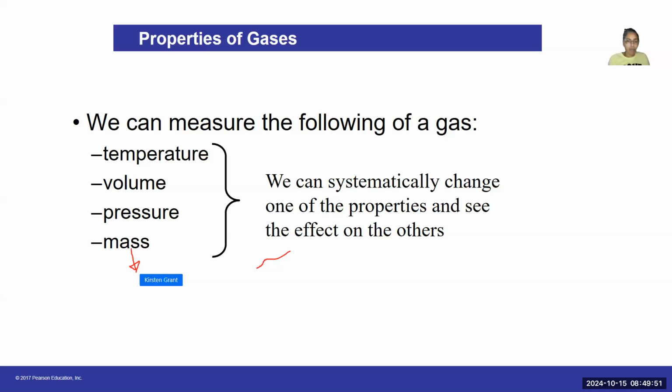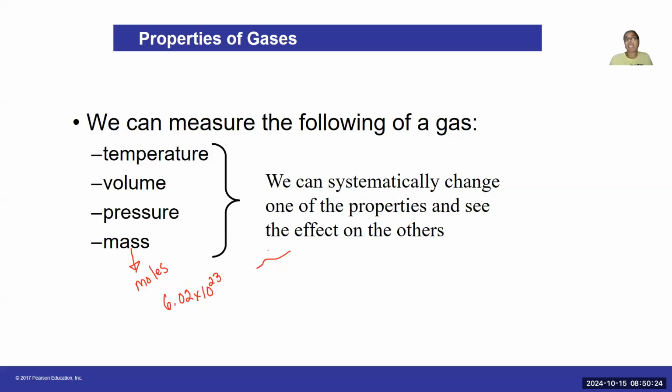More specifically, we look at something called the number of moles, and that is related to the mass in that 6.02 times 10 to the 23 particles of gas is equal to 1 mole of that gas.